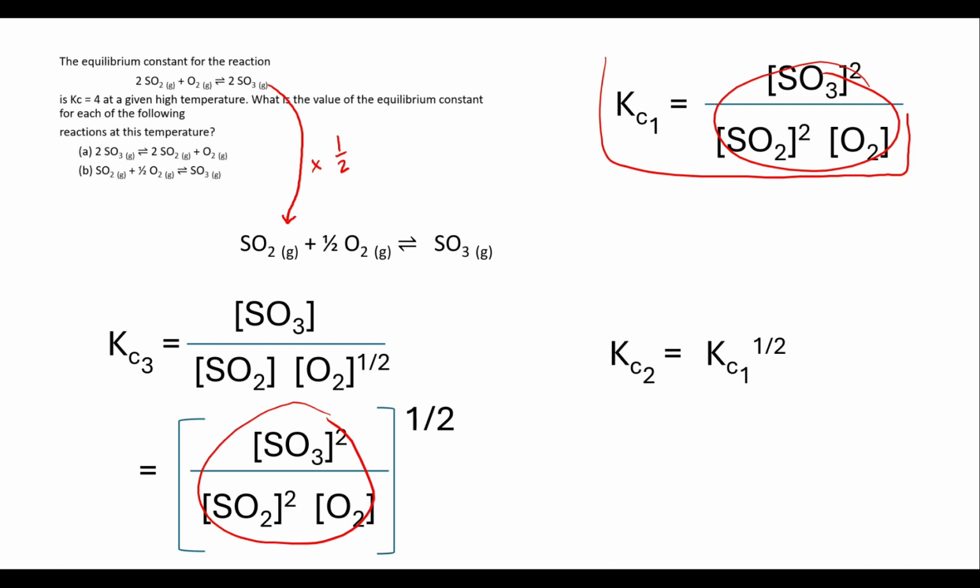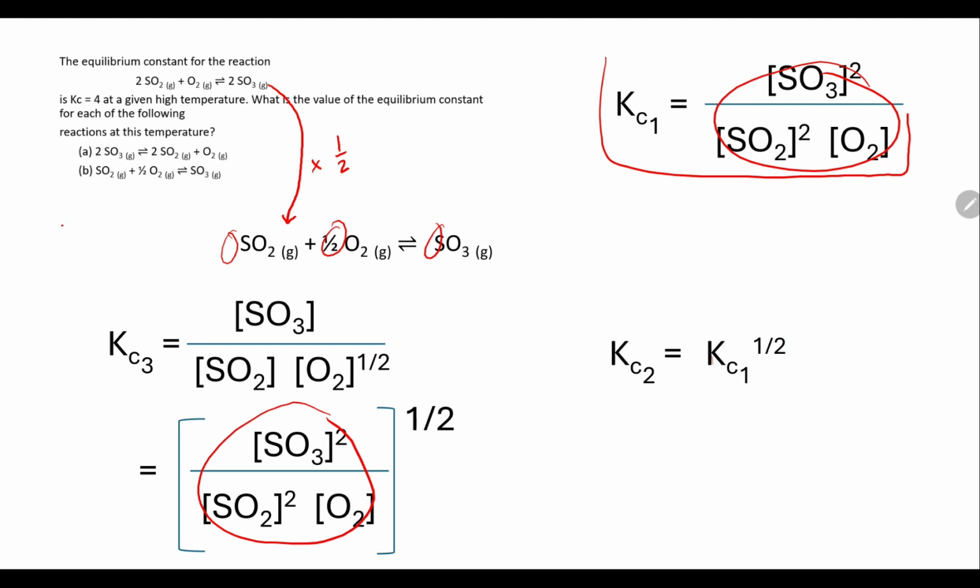And so from both of these examples, what we can see is that if I take an original balanced equation and I multiply it by some value to change the coefficients in my balanced equation, then the new equilibrium constant is going to be equal to the original raised to the power of my multiplier.